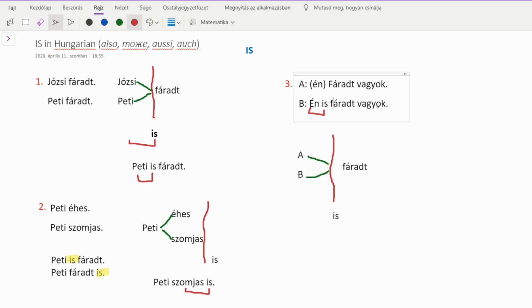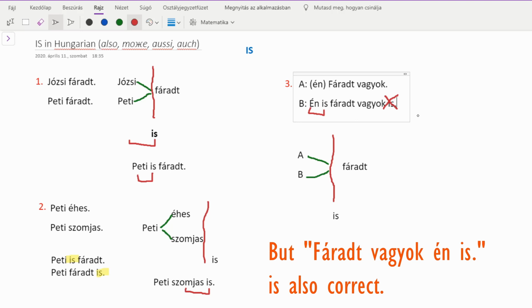In this situation, you never put ish to the end of the sentence. Which may be logical if you consider other languages, or if you look at examples from other languages, but in Hungarian you don't put ish to the end of the sentence in this situation.